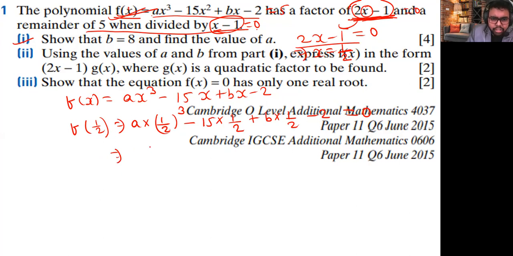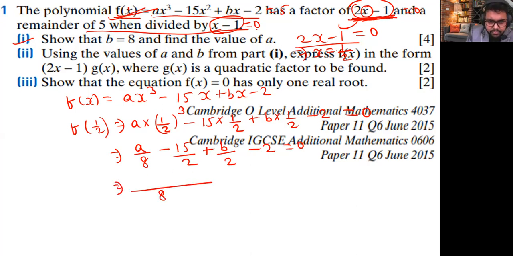So (1 by 2) cube would be 1 by 8, so it would be a by 8. Here it would be 15 by 2, and here it would be plus b by 2, and here minus 2 is equal to 0. Now let us take the LCM. LCM would be 8. Here it would be a. Wait, just a second.